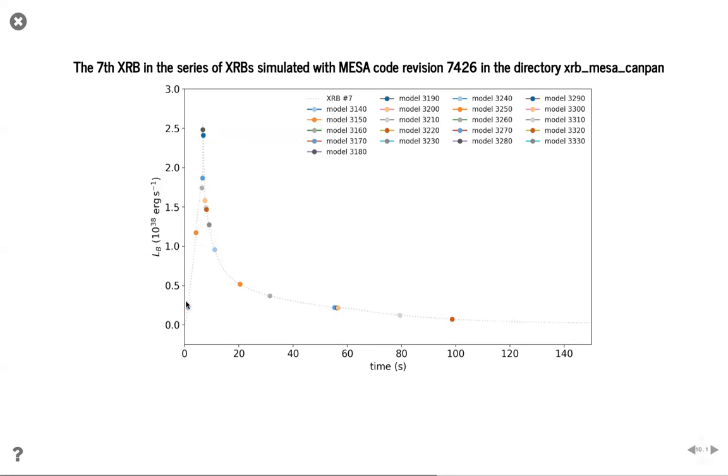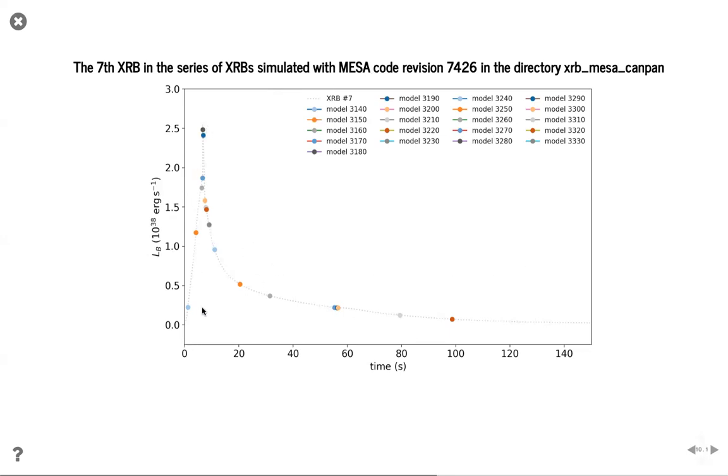So you can see when we go from the first model to the last model, this approximately corresponds to 200 time steps, 200 models. So between 3140 and 333. So approximately 200 models in MESA simulations cover the entire X-ray burst.